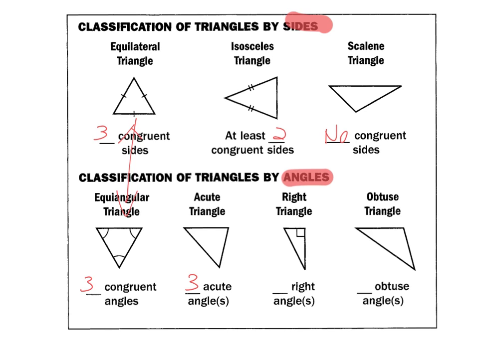If it has one right angle, we call it a right triangle. Obviously, it cannot have two right angles. If you have two right angles, the third angle doesn't exist. It's not a triangle anymore. Obtuse triangles are these fat triangles that have one angle greater than 90 degrees right here.